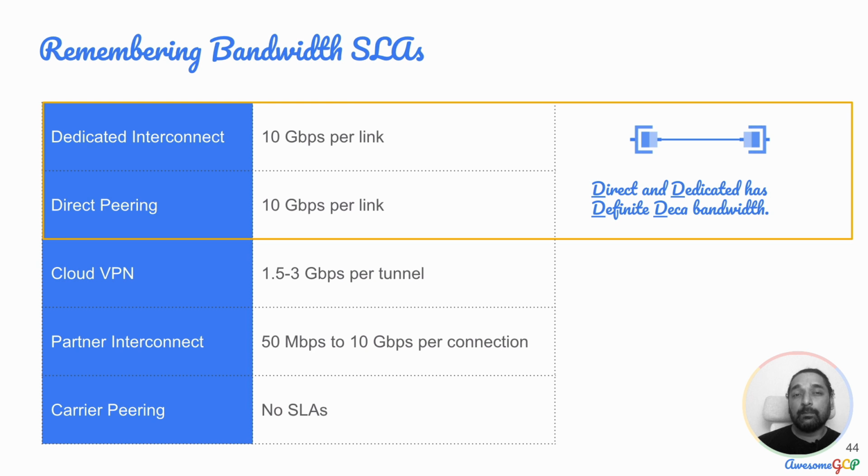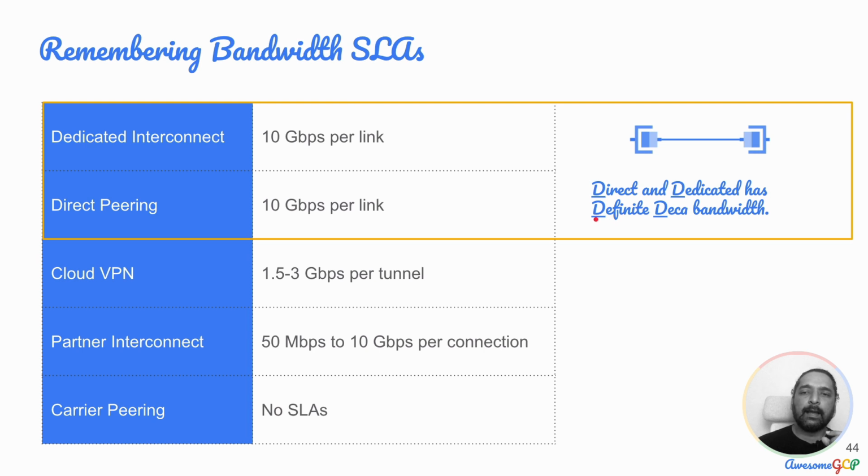Some mnemonics again to remember this. The two dedicated and direct ones both have 10 Gbps, and you can think of it as direct and dedicated having definite deca, or decimal, bandwidth, the deca or decimal meaning 10 and base 10 values.